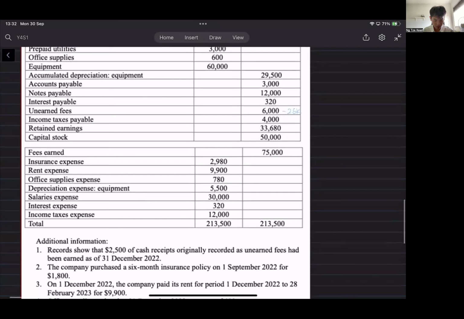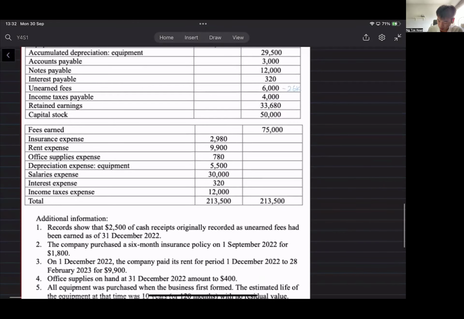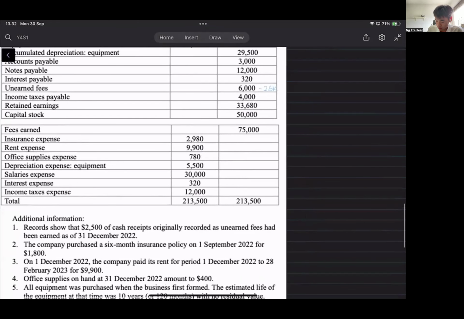So if we cannot find the revenue, then what we would do is increase the retained earnings, because we know that the revenue falls under the owner's equity, and if there's no revenue to be matched here, we would simply increase the retained earnings component here.